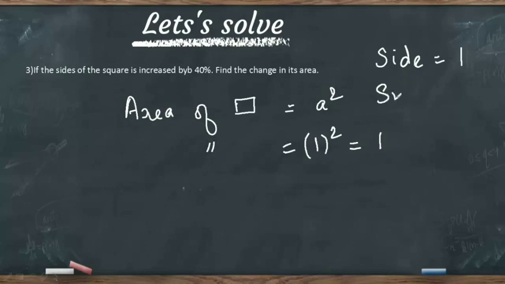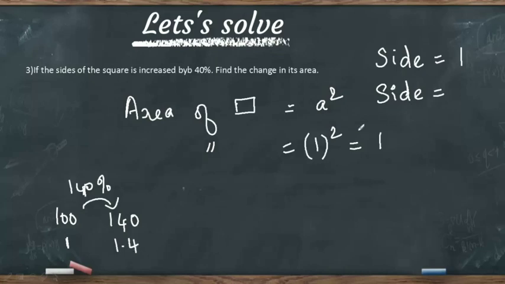If it is increased by 40%, then 100 with a 40% increase will make it 140. We actually assumed 100 as 1, so 140 has to be assumed as 1.4. Now, if you take the side to be 1.4, then on squaring it, you will get 1.96.